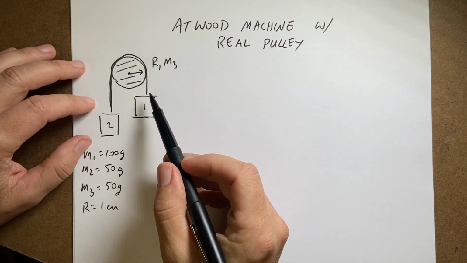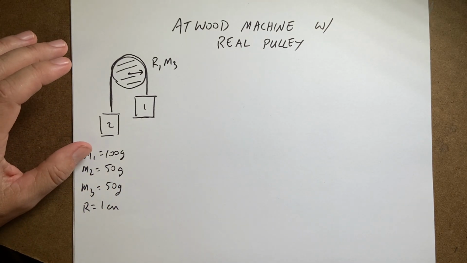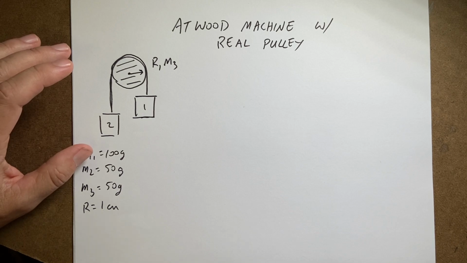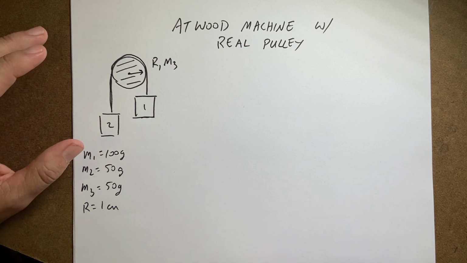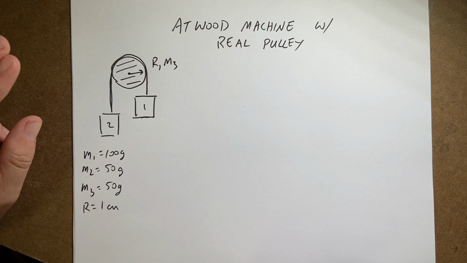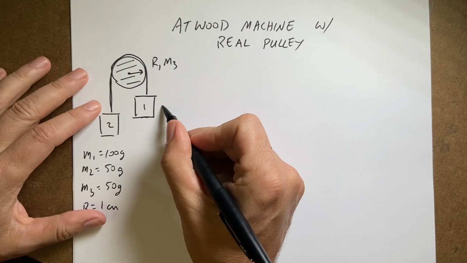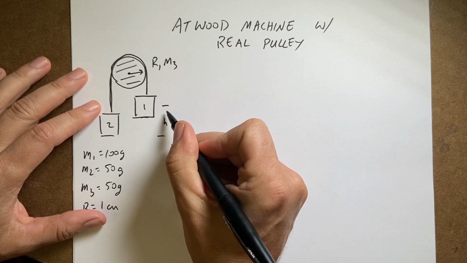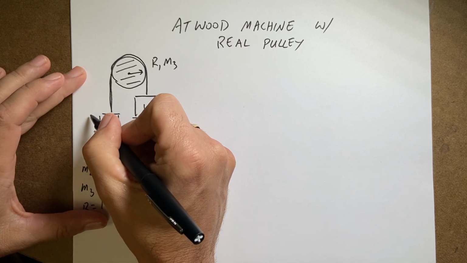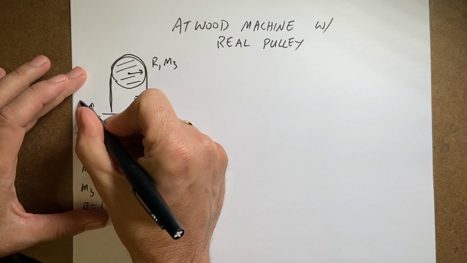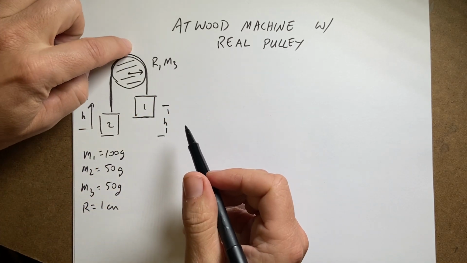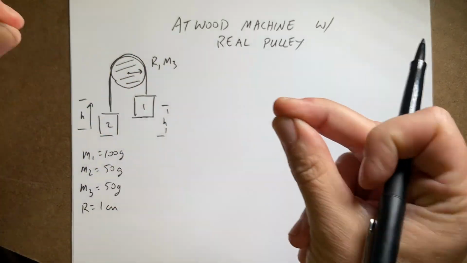Okay, so the one thing I said before, there's two things. One is, in these cases, suppose this thing moves down a distance h. Then that one would have to move up a distance h, because I'm assuming this string does not stretch.